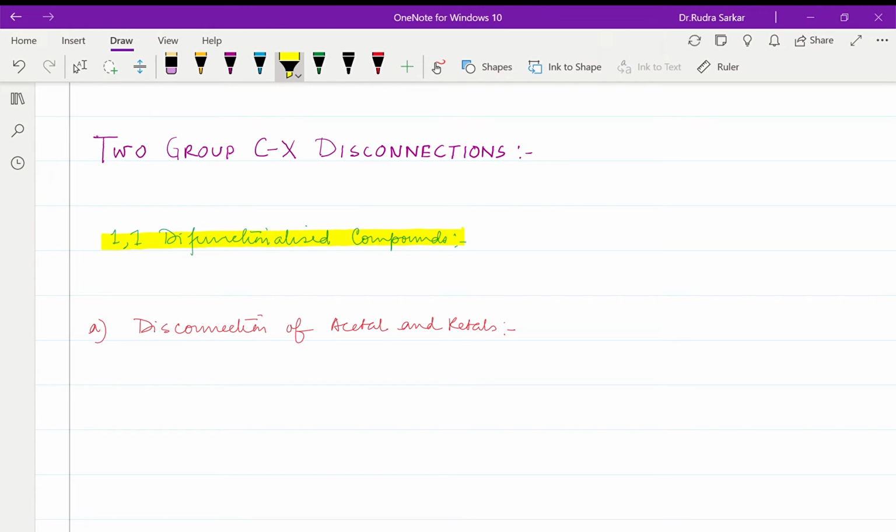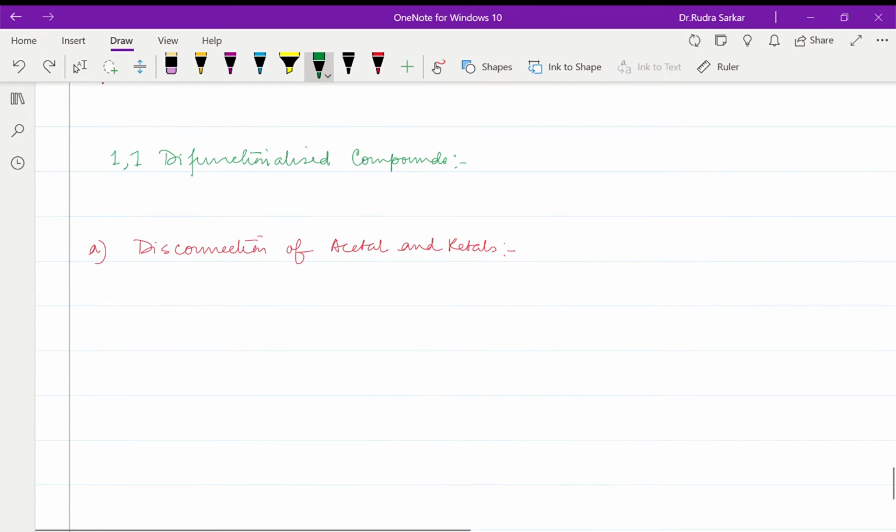So we will be calling this as 1,1 difunctionalized compounds. And for that we are going to use the disconnection of acetals and ketals.